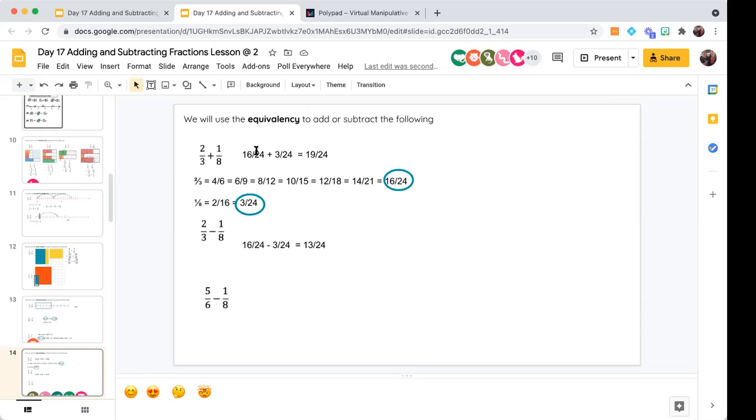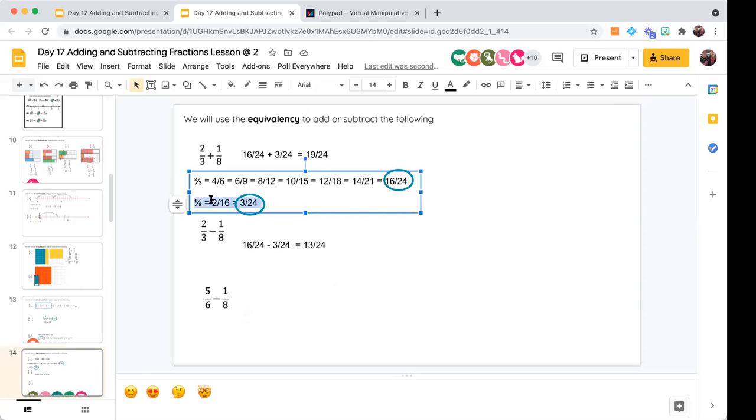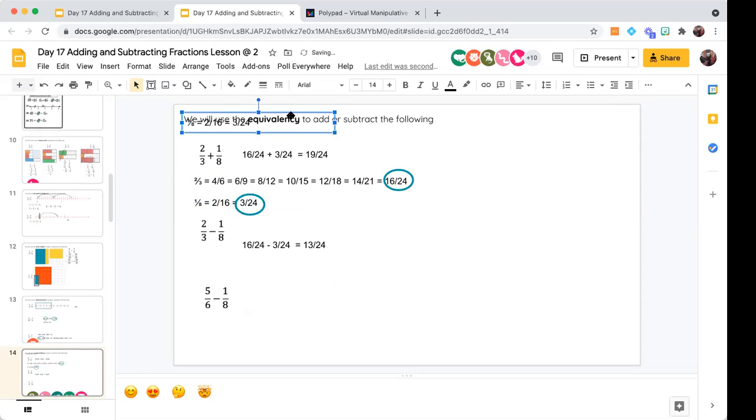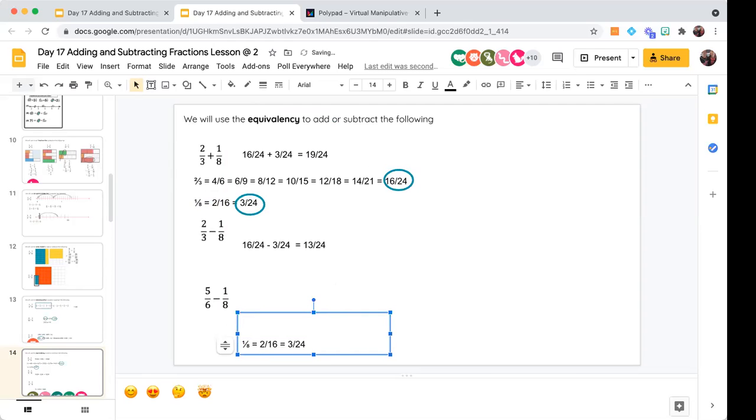So let's start with 5/6 minus 1/8. We already have the 1/8 equivalencies. We already found those, so that's nice from above. So let's work on finding those that are equivalent to 5/6. So 5/6 is the same as 10/12, which is the same as 15/18, and is the same as 20/24.